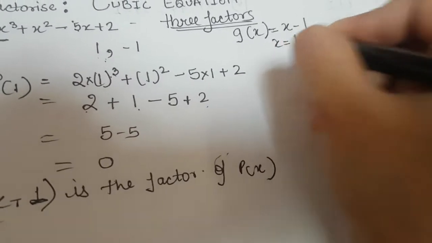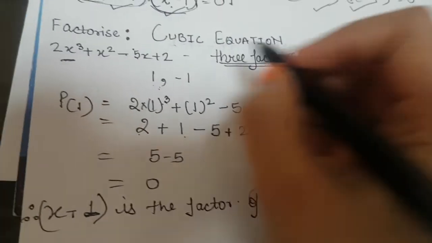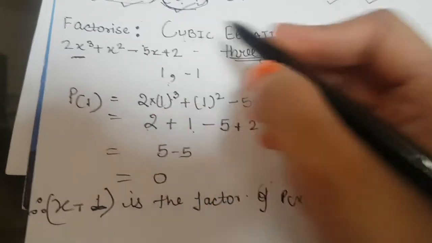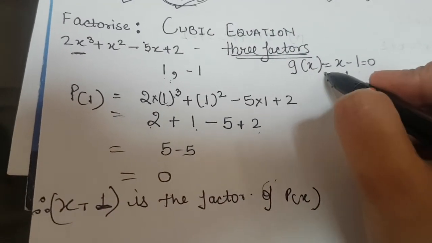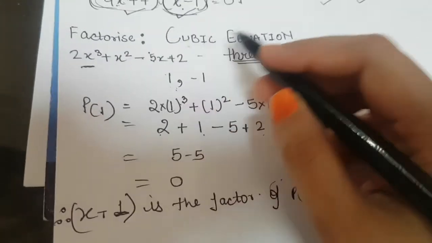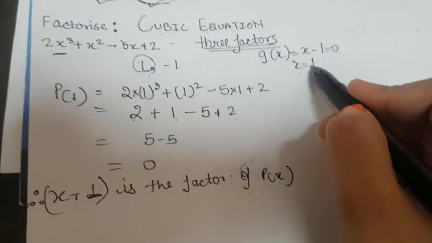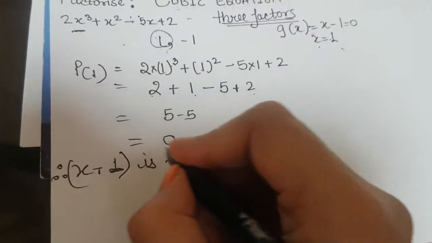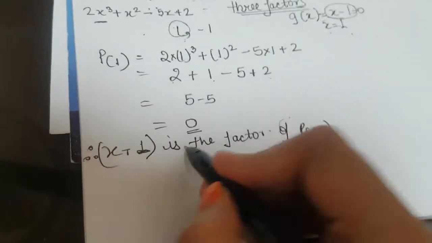So x equals 1, by keeping it equal to 0. Then put this value in this polynomial to find whether g(x) is a factor of p(x) or not. Same here, we have put 1 in this polynomial, so the remainder is coming 0. It means yes, x minus 1 is a factor of p(x).